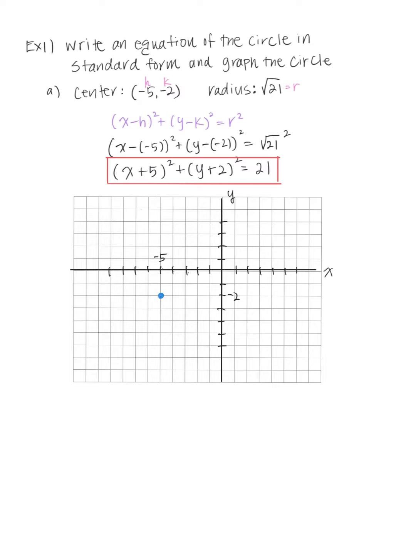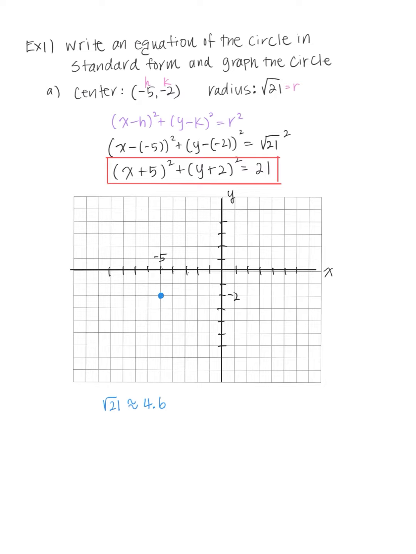Now the radius is square root of 21. Now that is going to give you some decimal value. So I think square root of 21 is approximately 4.6-ish. Okay, so which means that from the center, you're going to have to go approximately 4.6 units above, below, left, and right.